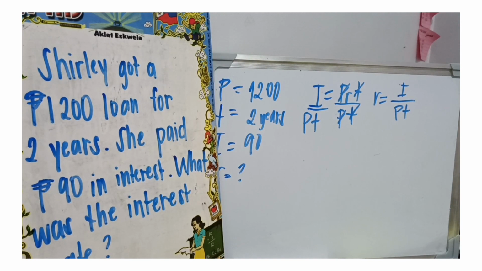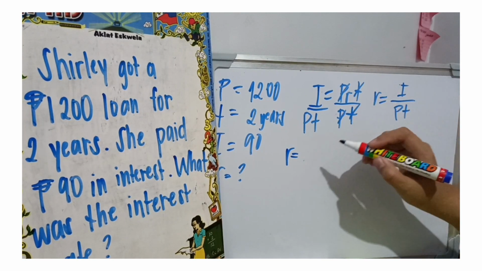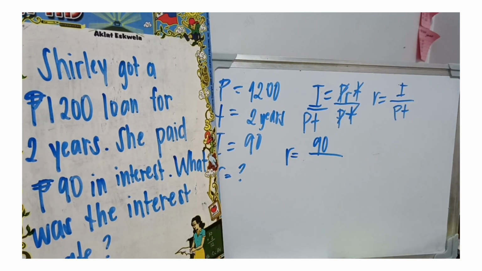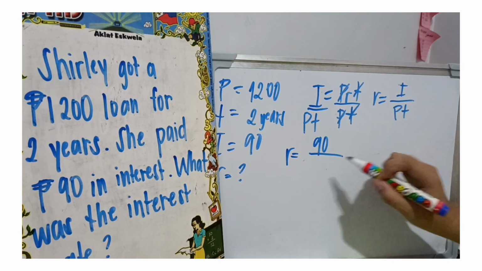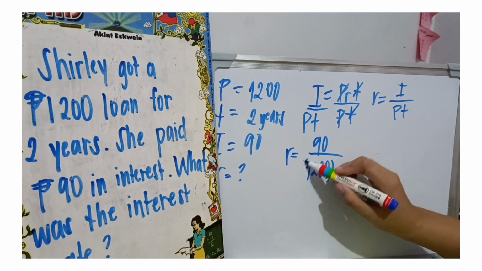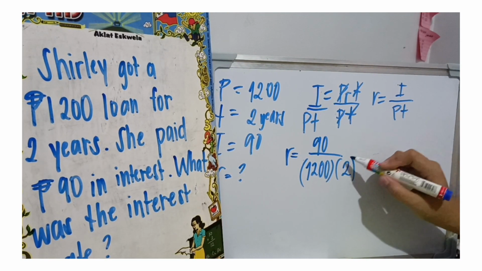So, now we can get the interest rate. R is equal to I, which is 90, divided by the principal, which is 1,200, multiplied by time, 2 years.